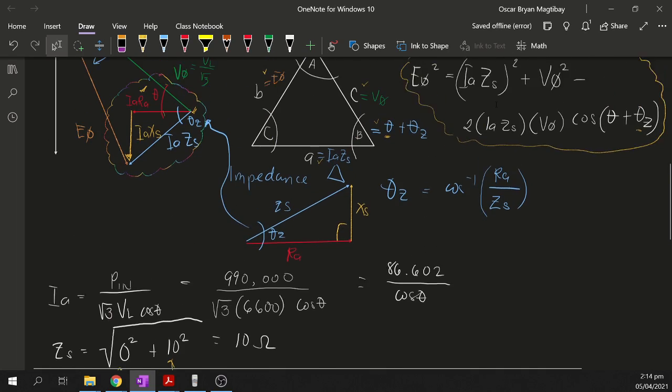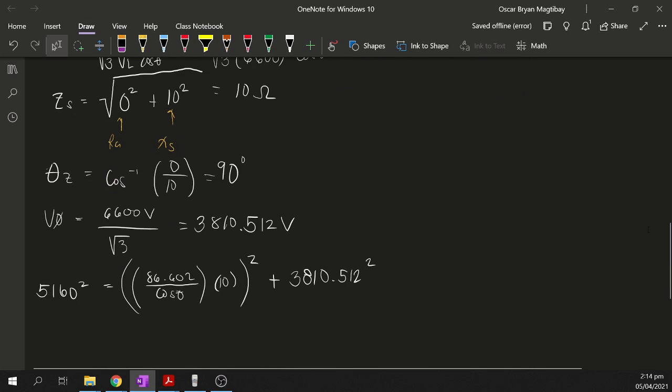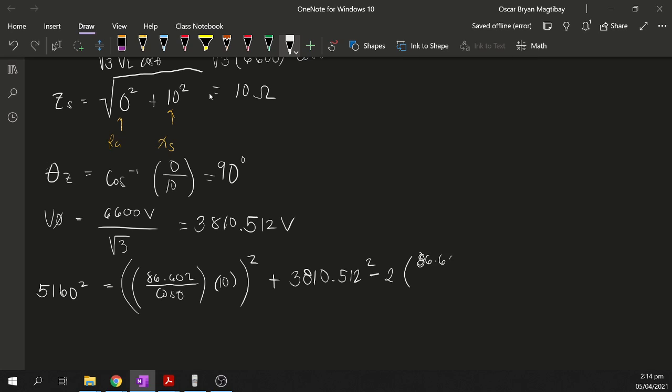Tama ba? V phase squared? Yan, tama. Minus 2 times 86.602 over cosine theta times 10 times 3810.512 cosine, anong cosine natin? Theta plus, ang theta Z natin is 90 degrees. So, anong kinalabasan nito?